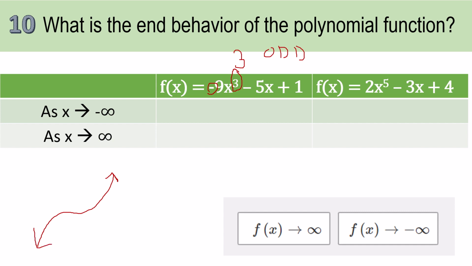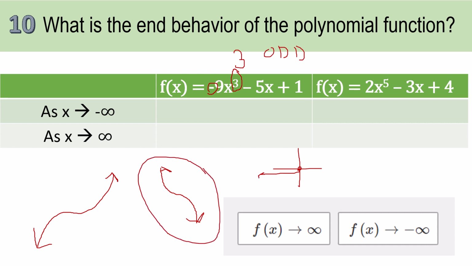It's a cubic, but that negative is going to change it to this. So as x approaches negative infinity, so we look on the axis, and what we're doing is we're going from 0, we're going in this direction. Remember, this is what the end behavior is going to look like. It's going to be going up in this quadrant, down in this quadrant.